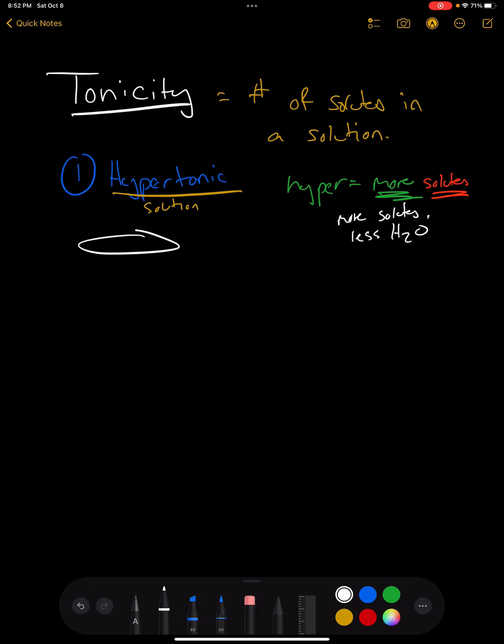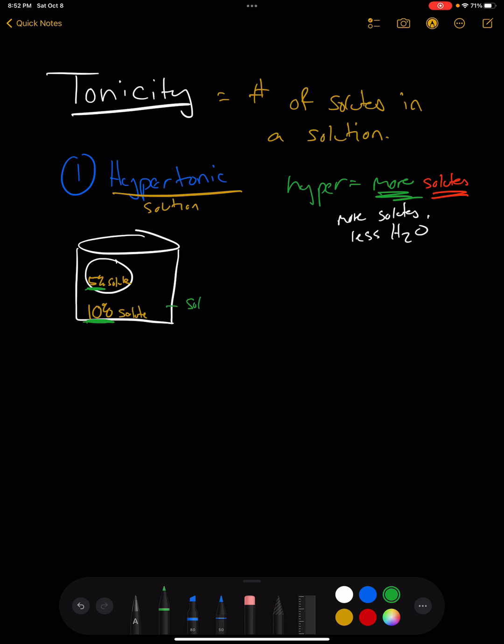So let's say here's my beaker, and then here's my solution. And of course, we have to compare it to something, so here's my cell. So let's say this is just a number I'm making up. Let's say my solution has 10% solute, and maybe my cell has 5% solute. I have to compare these two numbers. I have 10 versus 5.